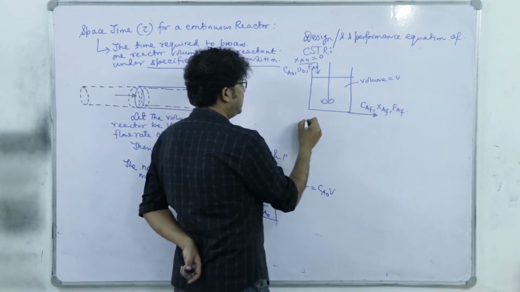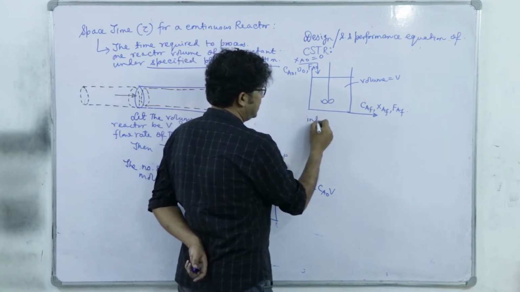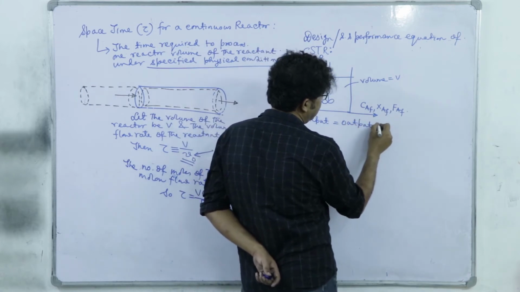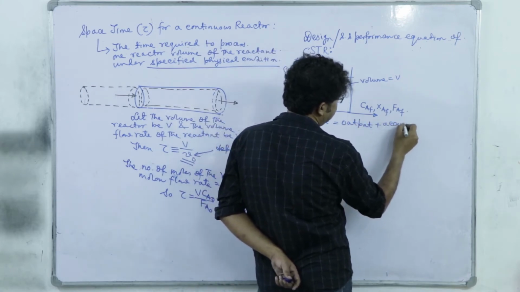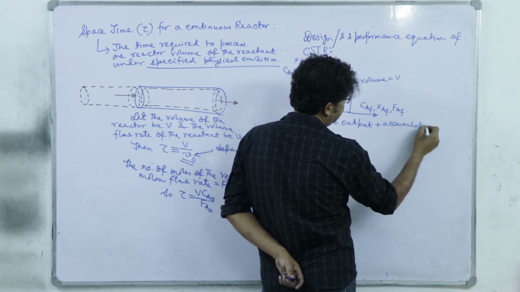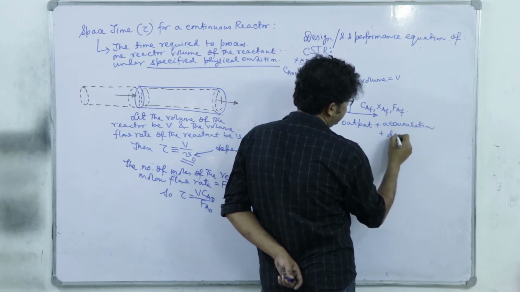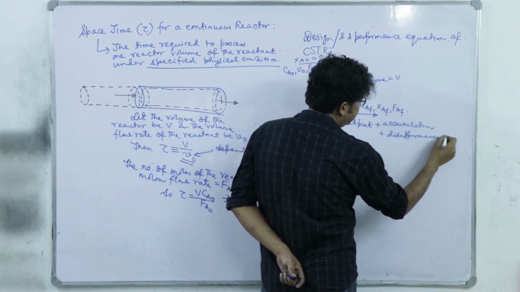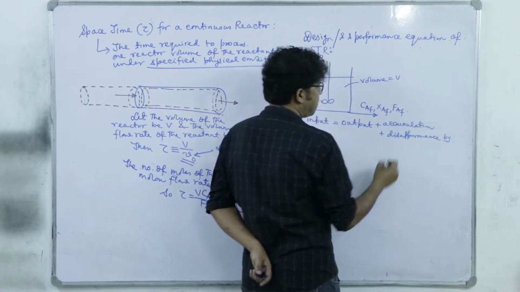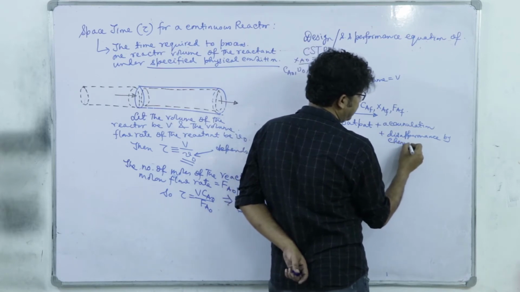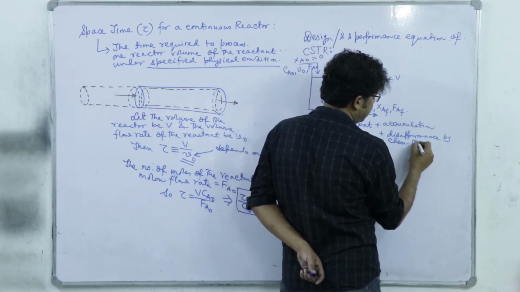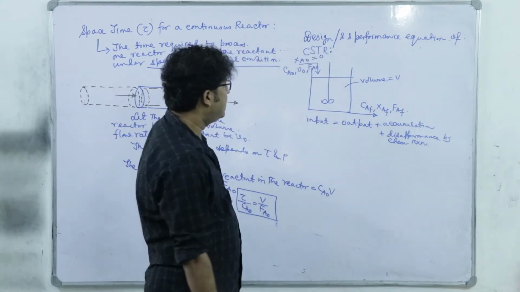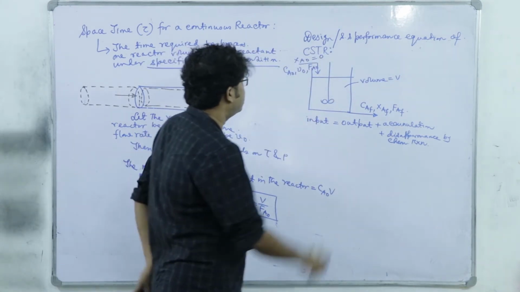So, we will write the equation as input equals output plus accumulation plus disappearance by chemical reaction. So, this will be a component balance equation.